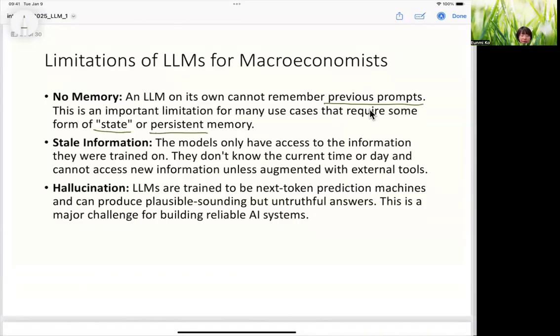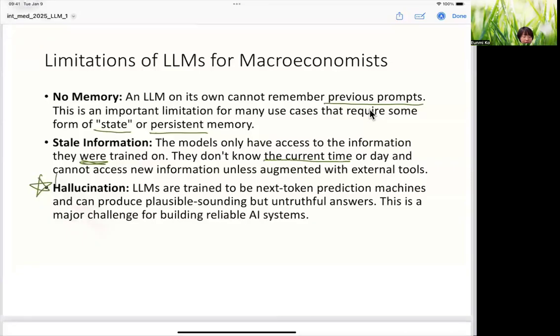Stale information: the models only have access to the information they were trained on, so past or stale information. They don't know the current time or real-time information, so there are limitations on that side.